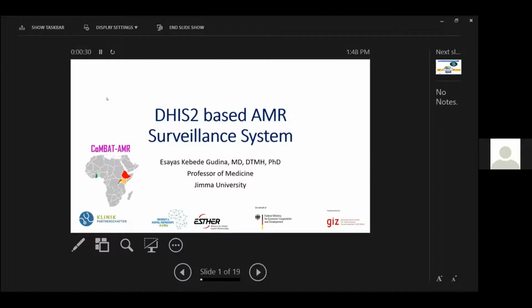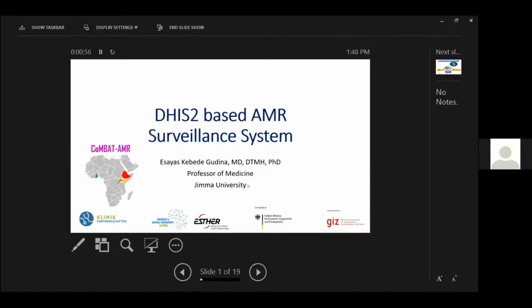One is Jimma, another Asala, and we have another in Kenya at the Kenyatta National Hospital. We have also one in Uganda at Krudu National Referral Hospital, and then in Butare in Rwanda, Butare Teaching Hospital, and then we have also in Ghana a partner at Komfo Anoki Teaching Hospital in Kumasi.